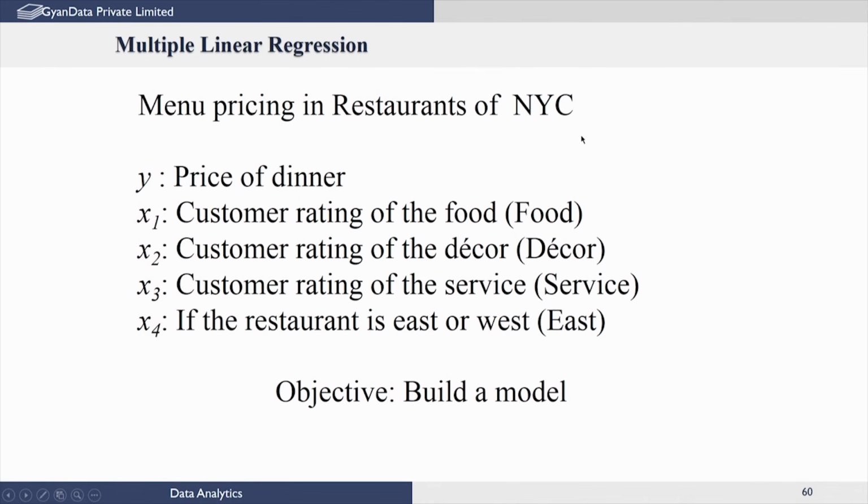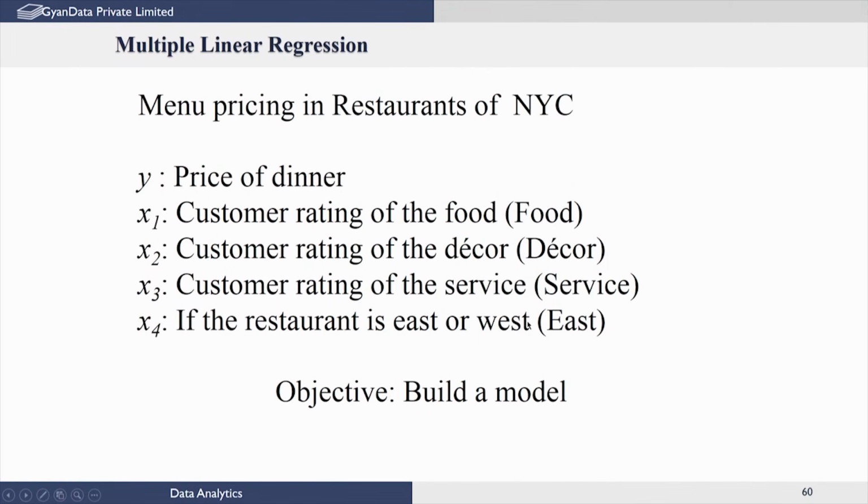Okay, let us go through a simple example in order to revisit these ideas. In this case we have what is called price data, where customers have been asked to rate the food and the other aesthetics of a particular restaurant, and data were also obtained on the cost of the dinner and the location of these restaurants, whether they are on the east side of a particular street in New York or the west side.